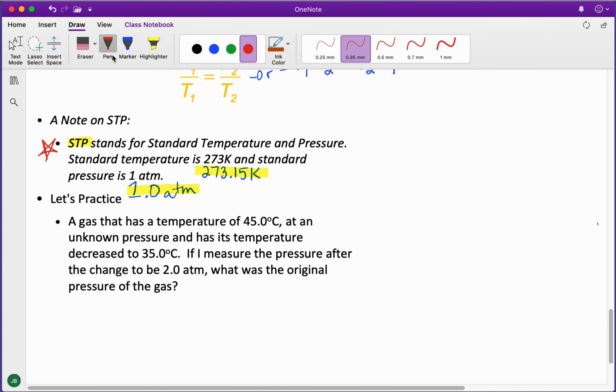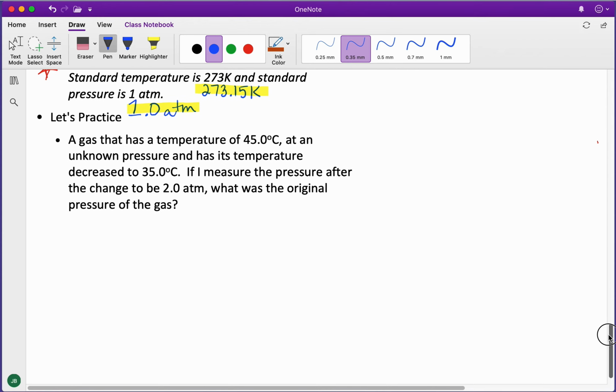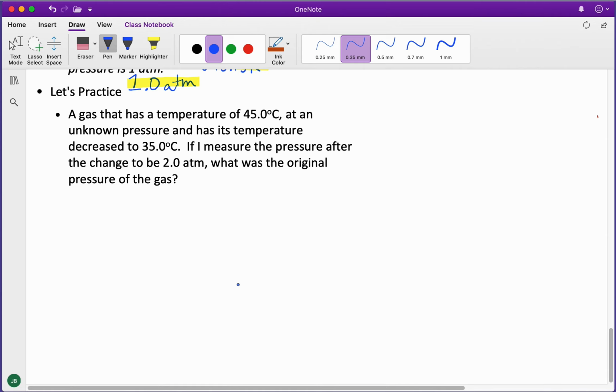All right, let's go ahead and work another example problem, and this time we're going to do an example problem for Gay-Lussac's law. The problem states that a gas that has a temperature of 45.0 degrees Celsius at an unknown pressure has its temperature decreased to 35.0 degrees Celsius. And if I measure the pressure after the change to be 2.0 atmospheres, what was the original pressure of the gas? So once again, we're going to start off by writing down our knowns and our unknowns.